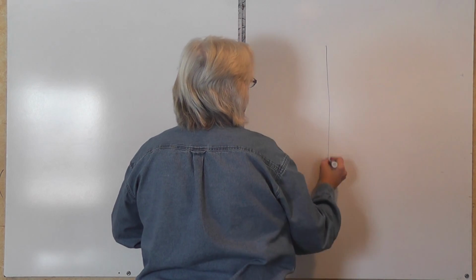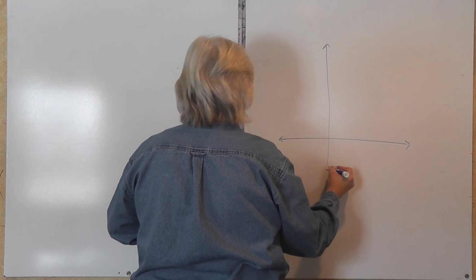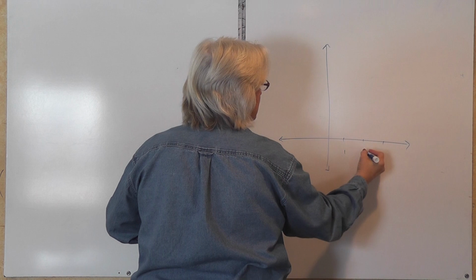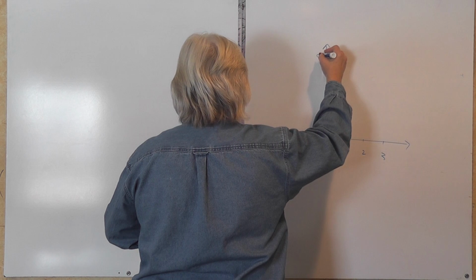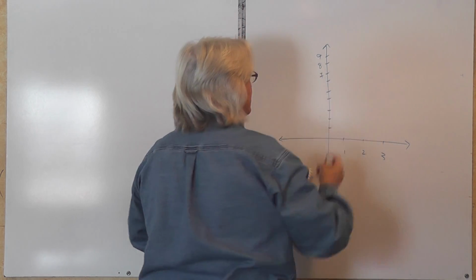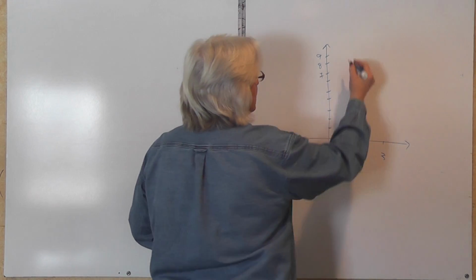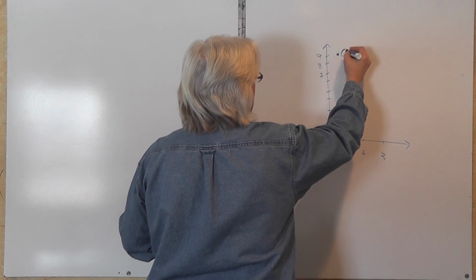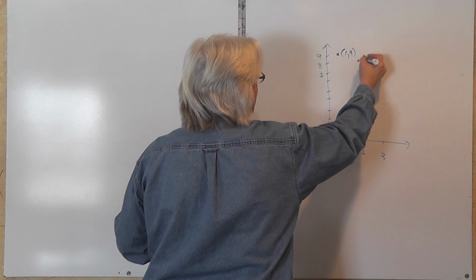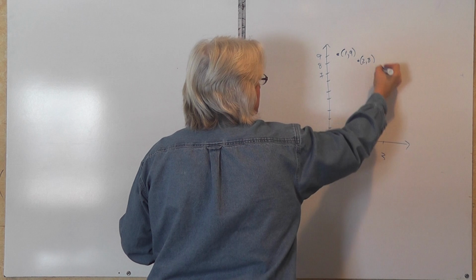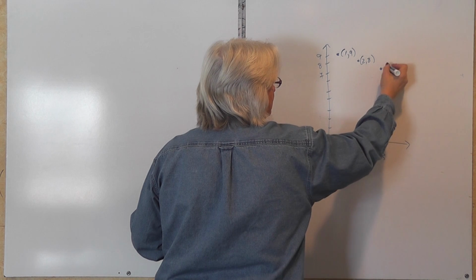We have 3 points that are plotted here. The first point is (1, 9). The second point is identified by the ordered pair (2, 8). The third and final point is labeled (3, 7).